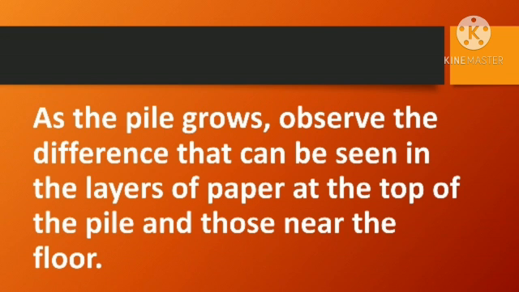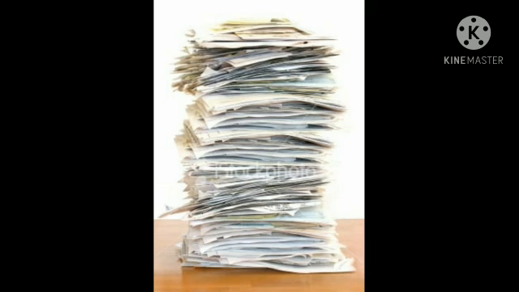As the pile grows, observe the difference that can be seen in the layers of paper at the top of the pile and those near the floor. When all the sheets have been placed, observe the difference in the upper and lower layers of the papers.